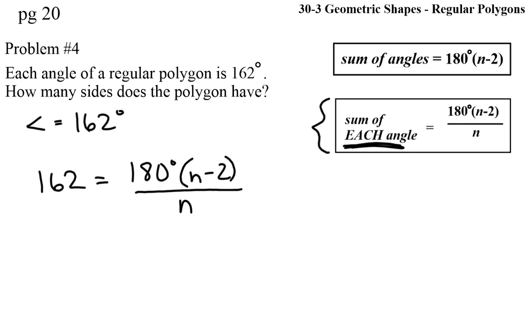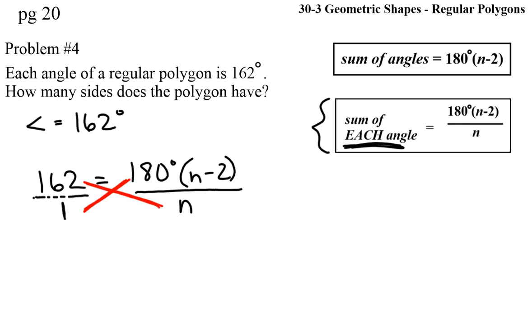This is a pretty tough math question, I'll be honest with you. What I would do is cross multiply. I can put 162 over 1, and we've done some cross multiplying. This goes back to our Math 10 algebra skills.